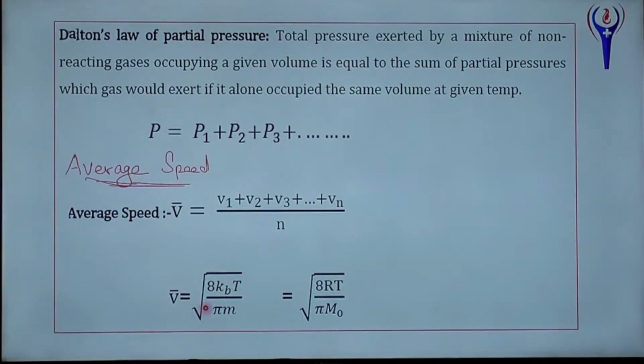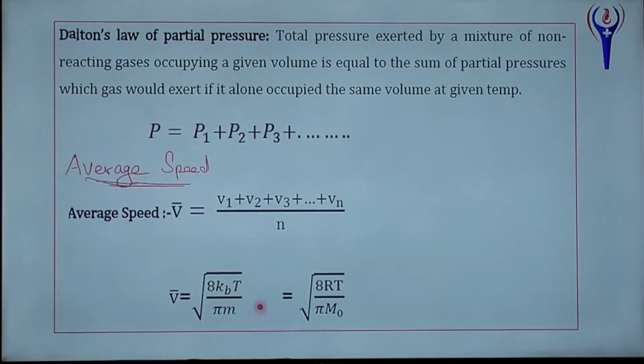And in terms of temperature and m, V bar equal to square root of 8 kBT by pi m. m is the mass of the molecule. m naught is the molecular mass. k is the Boltzmann constant. And in terms of gas constant R, V bar equal to square root of 8 RT by pi m naught.